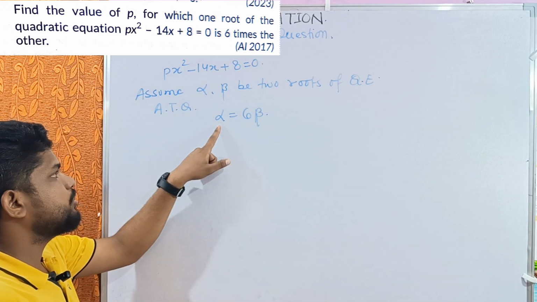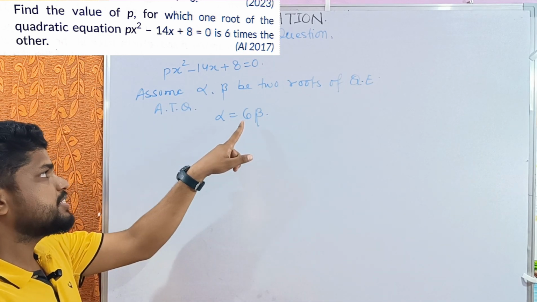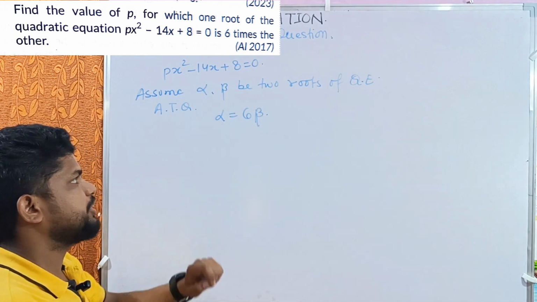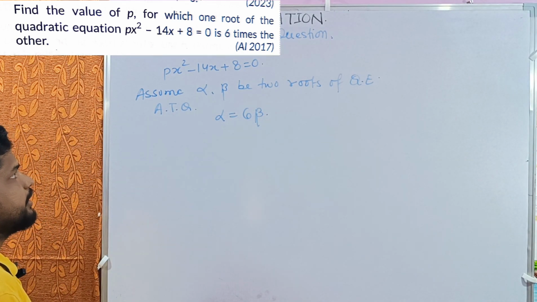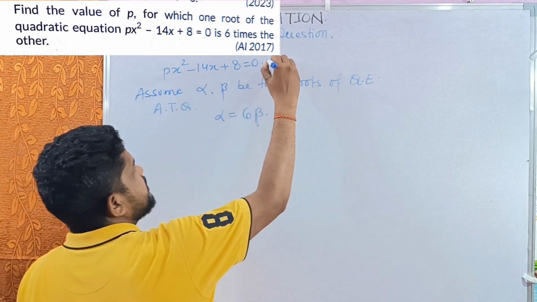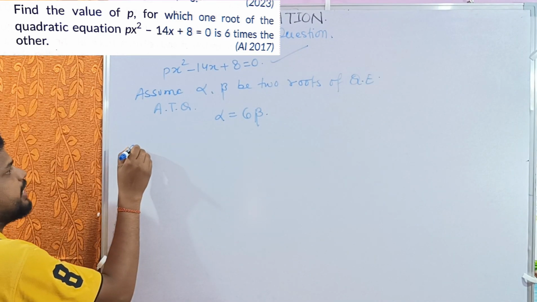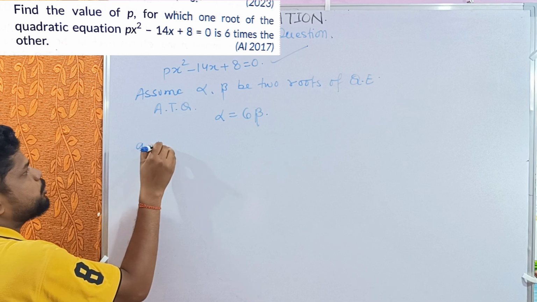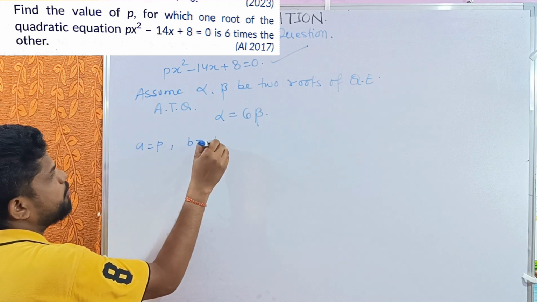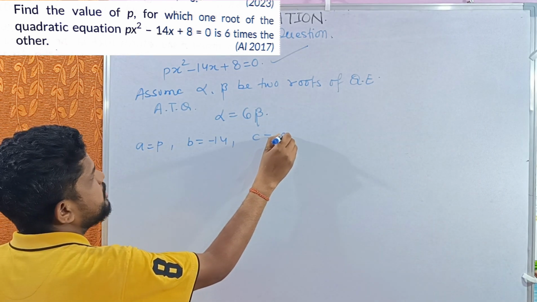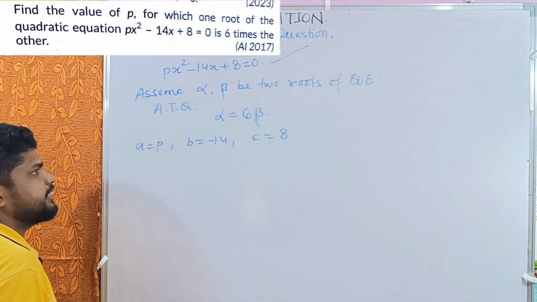If alpha is one root, it will be 6 times the other root, which is beta. When we compare this equation to the standard form, we get a equals p, b equals minus 14, and c equals 8.